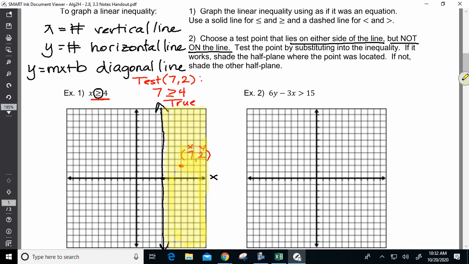And that's it. Problem's over. If this point didn't work, then we would have shaded on the other side. So something's got to get shaded. Questions on example 1?